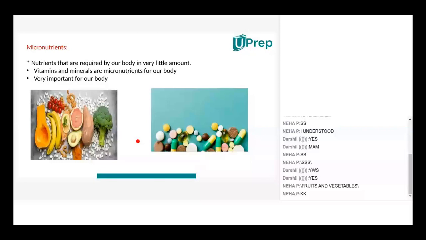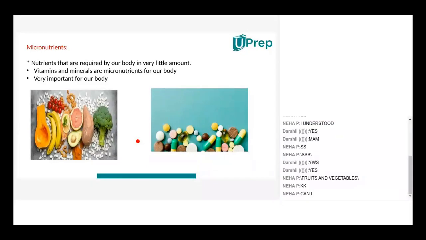Now, Darshil, you could unmute yourself, right? I have another question. Which is better, to have natural sources like fruits and vegetables for vitamins and minerals, or artificial man-made tablets and capsules? Which one is better for us?